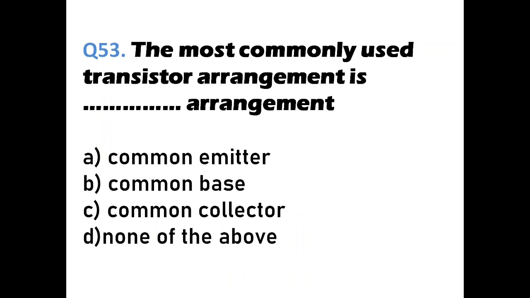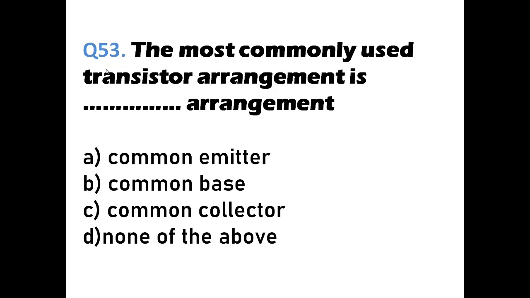The most commonly used transistor arrangement is dash arrangement. Out of these options, common emitter, common base, common collector, which is the most commonly used? If you compare these three, you can see that common emitter has a high voltage gain and high current gain. Also its input resistance and output resistance are moderate, which is practically possible.